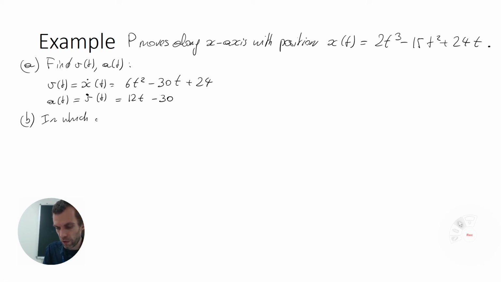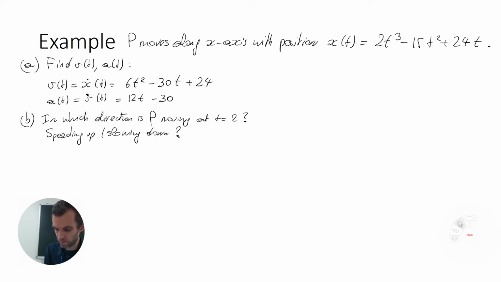And now some physical properties. In which direction is P moving at t equal to 2, and is it speeding up or is it slowing down? So in order to answer that question, we take our velocity and we plug in the value t equal to 2.